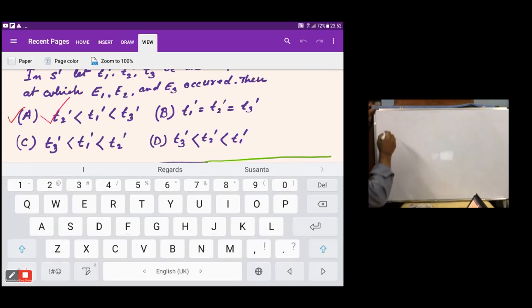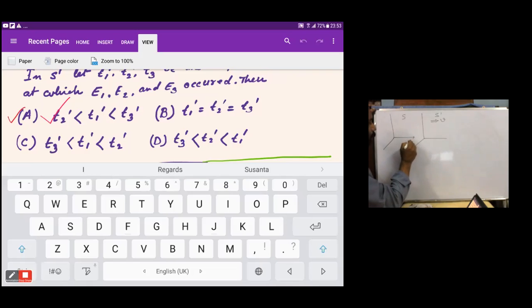So we are given two reference frames, S and S dash. S dash is moving with a uniform velocity V with respect to S. Both S and S dash are inertial reference frames.